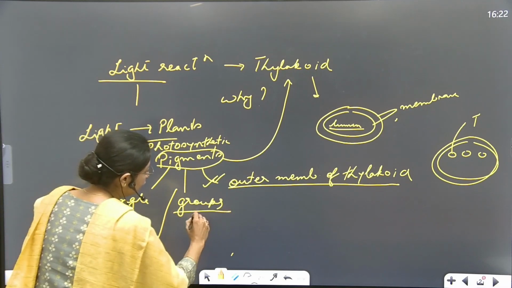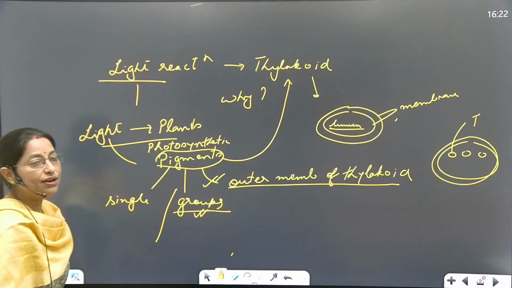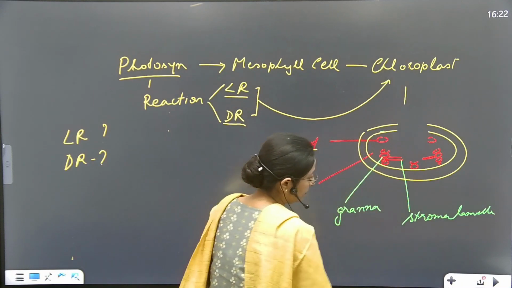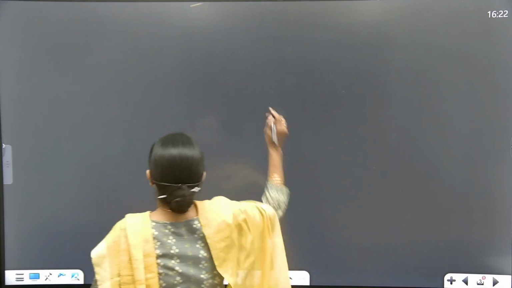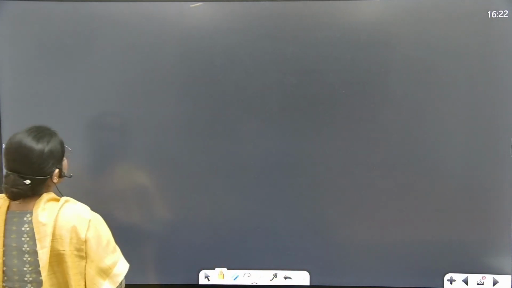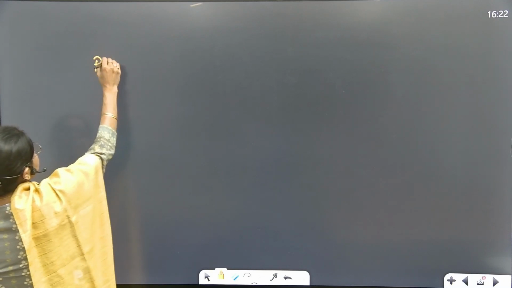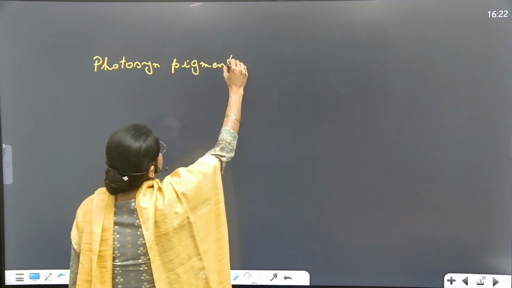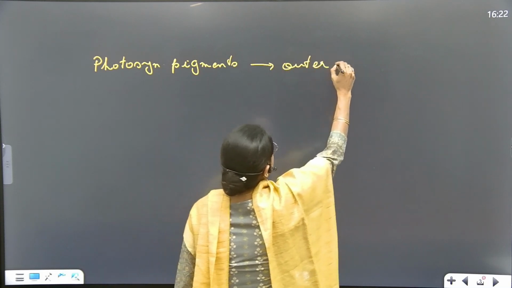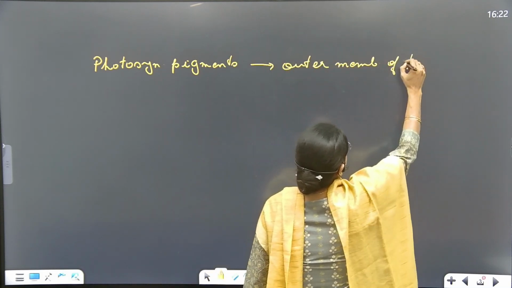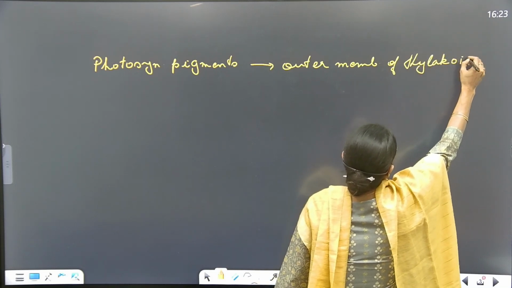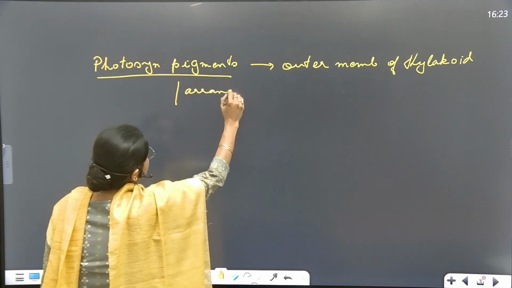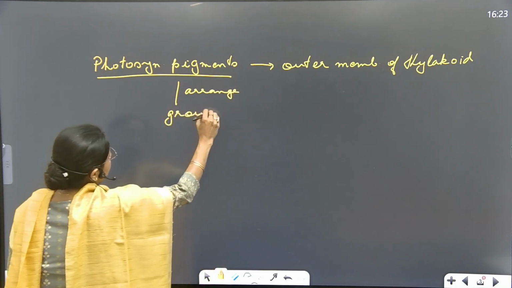We will see that the photosynthetic pigments are arranged in groups in the thylakoid.